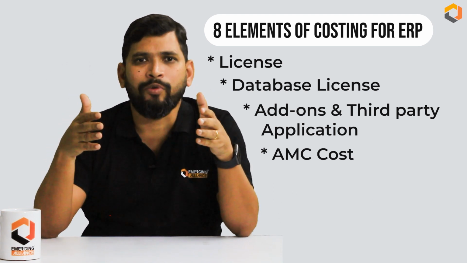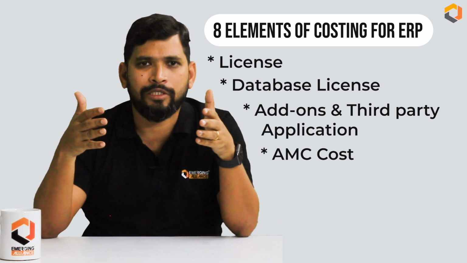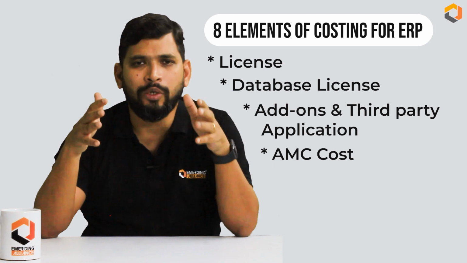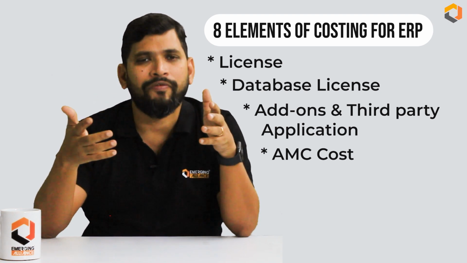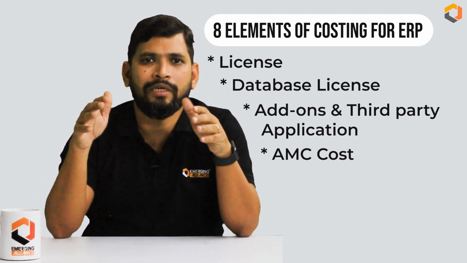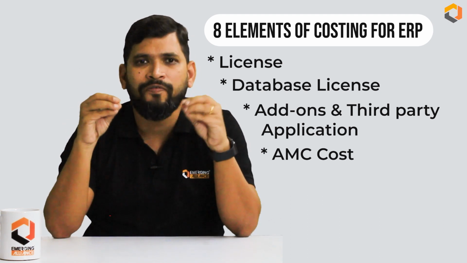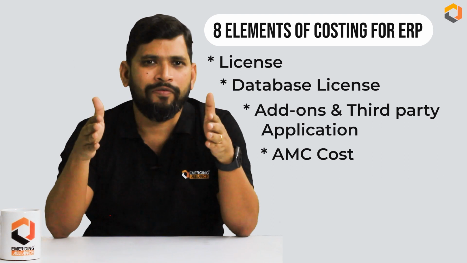So you will have to pay an AMC, an annual maintenance contract, which is something that every software developer requires to keep upgrading the software. This is the first recurring cost that you will have.